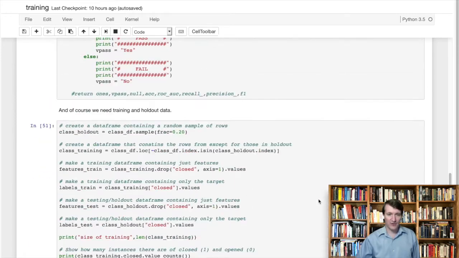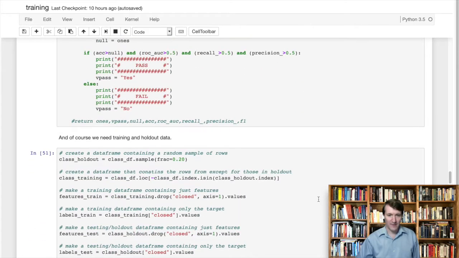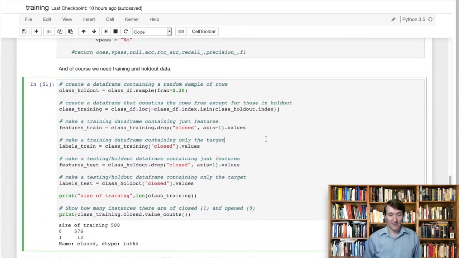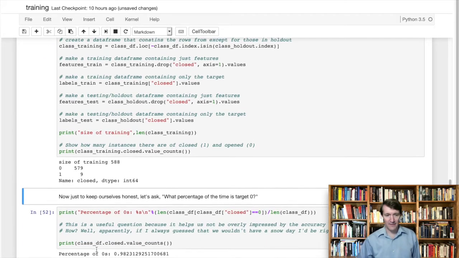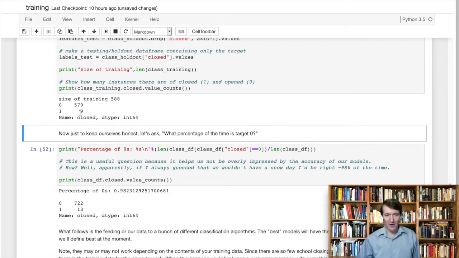I said you get different results if you got a different random draw, right? So we can just go back up here, do exactly that, get a different random draw. So there you go. Now we had 579 and 9. And you'll remember up above, there were 12 in the training data where school was closed, which meant out of the 13 total, there's only one actual positive we were going to be able to have in our holdout data when we did the testing.